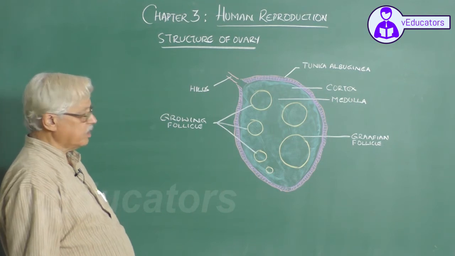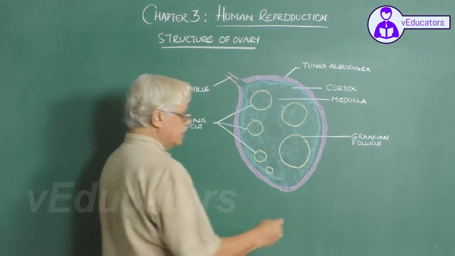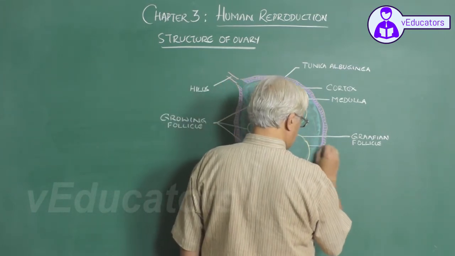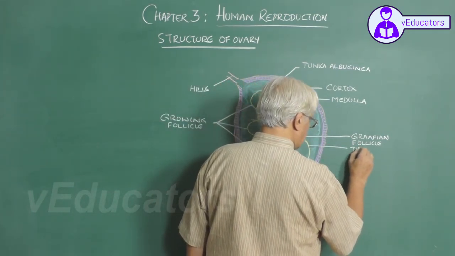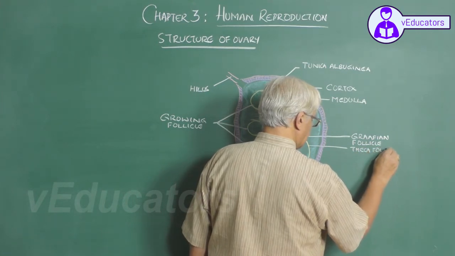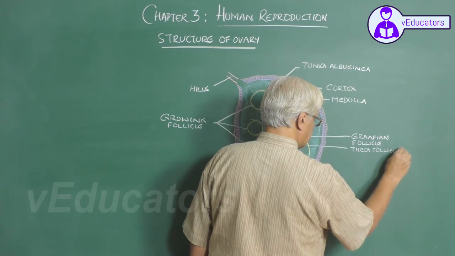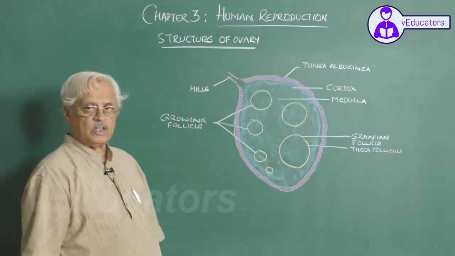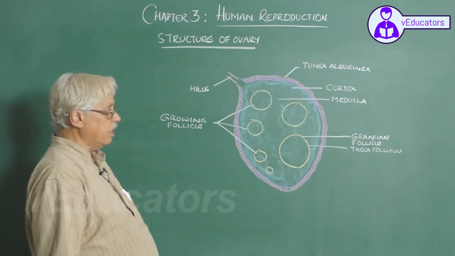This Graafian follicle has a connective tissue covering called theca folliculi.